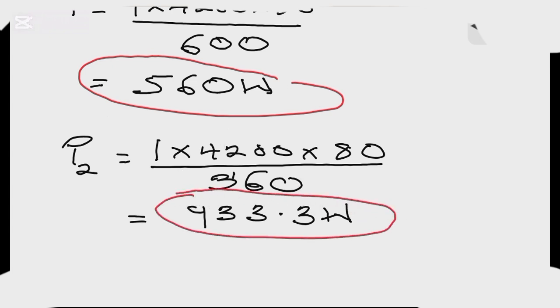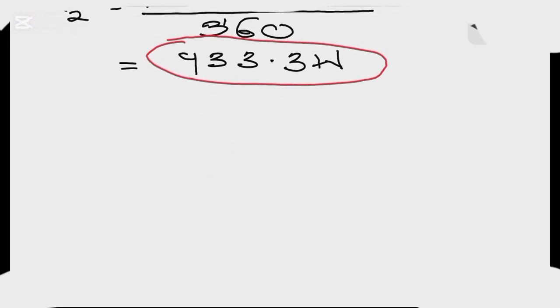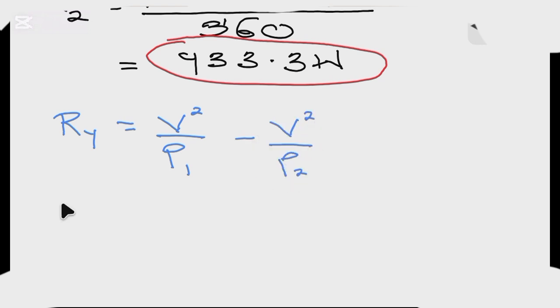All we need to do now is to substitute them in the formula that we derived up there. Now let me just rewrite the formula here. We had this formula, Ry equals the square of the voltage supply over P1 minus the square of the voltage supply over P2. Whatever is left for us to do is just substitution.